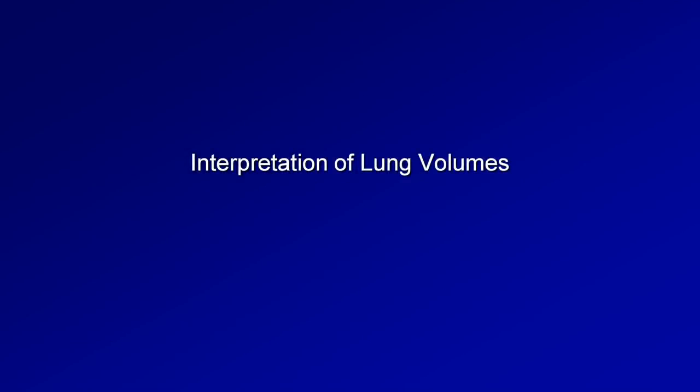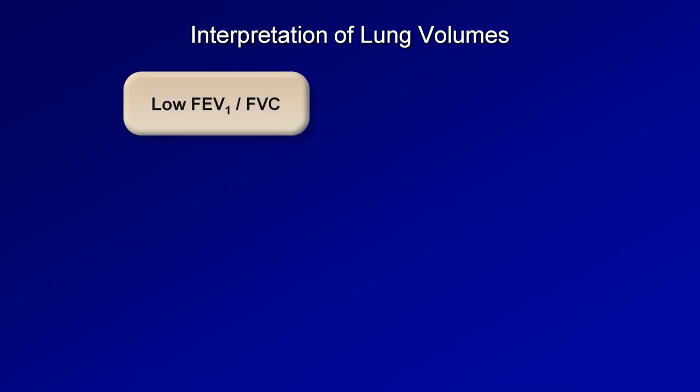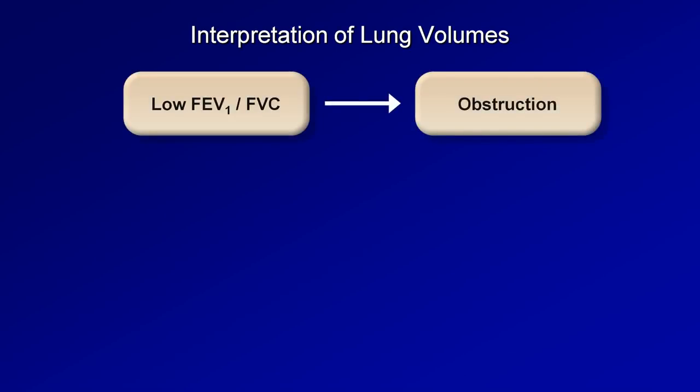So what do we now do with this information about the lung volumes, specifically the total lung capacity? Well, here's a very brief summary of how spirometry and lung volumes can be used together to make a diagnosis in a patient with lung disease. A patient with low FEV1 to FVC ratio has obstructive lung disease, which is what we talked about in the last video.